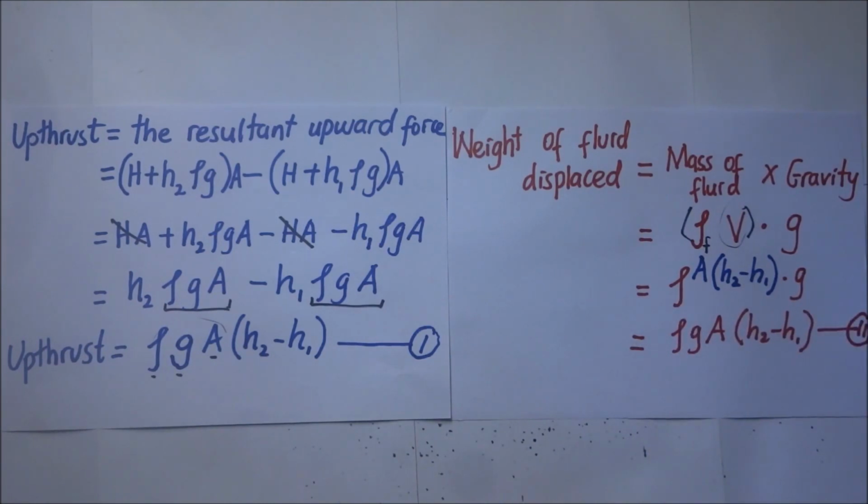And so we come to the conclusion that it has been proven that Archimedes' principle, which states that the upthrust experienced by a body that has been wholly or partially immersed in a fluid is equivalent to the weight of the fluid that has been displaced, is indeed true. Or in other words, when a body is wholly or partially immersed in a fluid, the upthrust it experiences is equivalent to the weight of the fluid displaced.